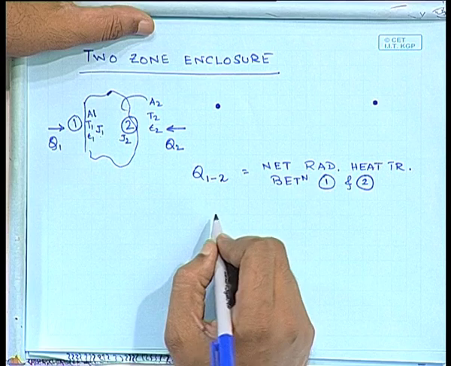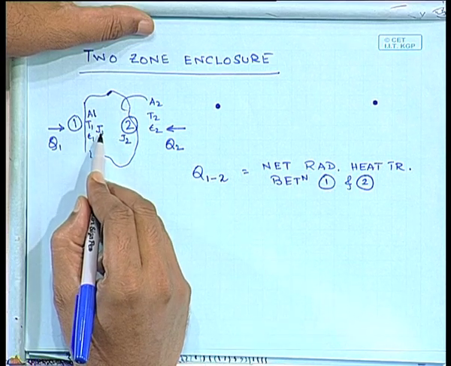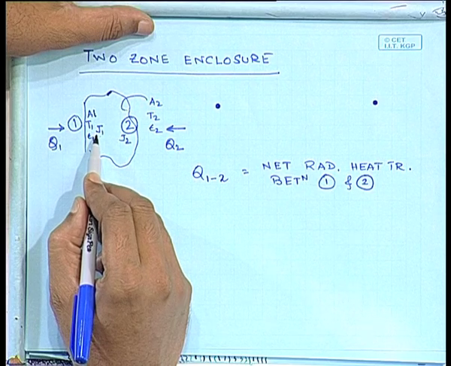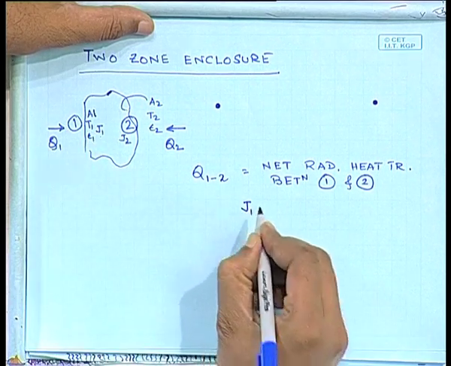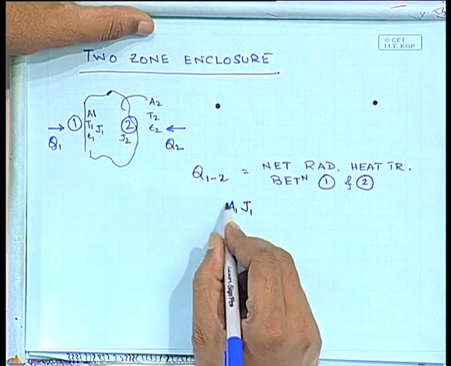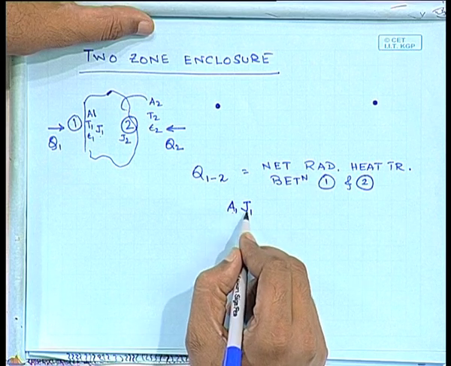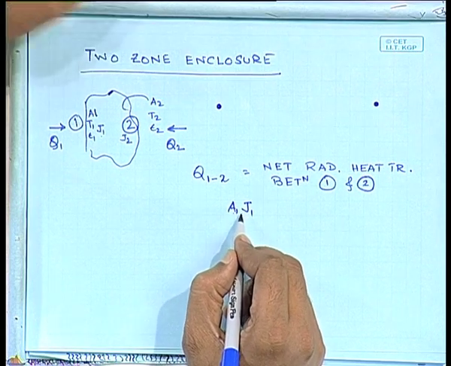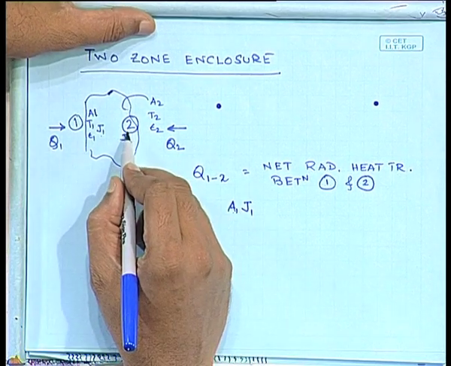Okay. So, what is the total amount of energy that is leaving A1 or surface 1? J is watt per meter square. So, I multiply J1 with A1. All right. So, of this, the amount that is leaving, which is equal to A1 J1, that means in watts, some fraction of it is going to strike 2.